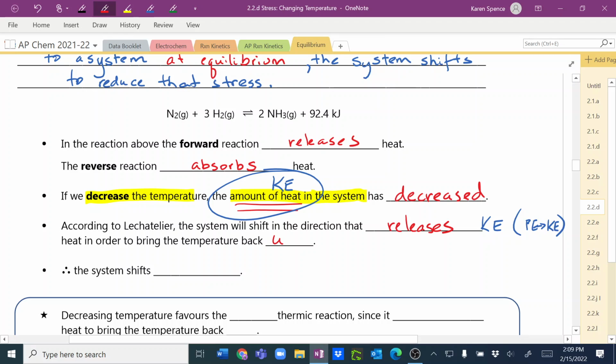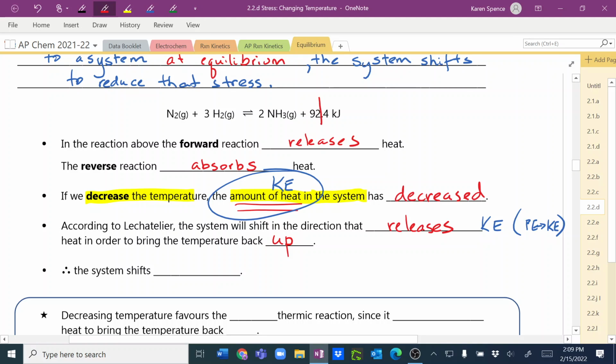Because if you have increased the kinetic energy, what are the particles doing now? They're moving faster, and if they're moving faster, the temperature is increasing. So the system, in this case, is going to shift to the, if we've decreased the temperature, here we're going to use the arrows.